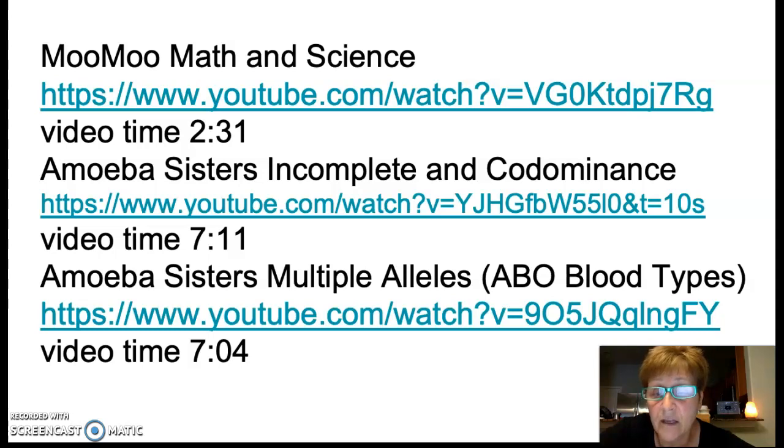And you have the Amoeba Sisters, multi-alleles, and they're talking about blood typing. And they explain how you get your blood typing and is that codominance? Is it incomplete dominance? And why? And why you can only receive certain kinds of blood for certain blood types.